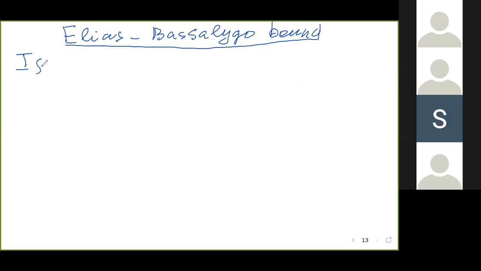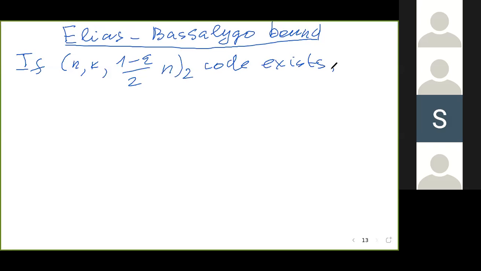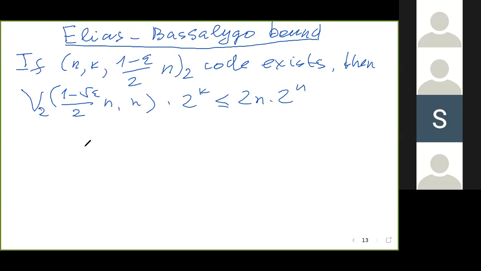If a code with k over n less than 1 minus epsilon over 2 exists, then we have that the volume of the ball of radius 1 minus square root of epsilon over 2 times n, times 2 to the k, is at most 2 to the 2n.